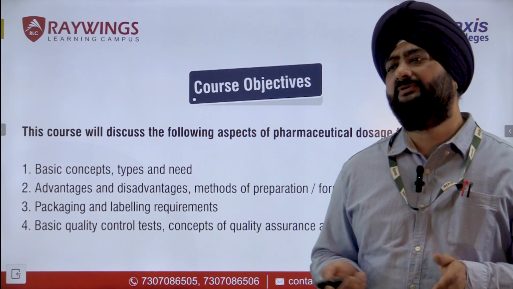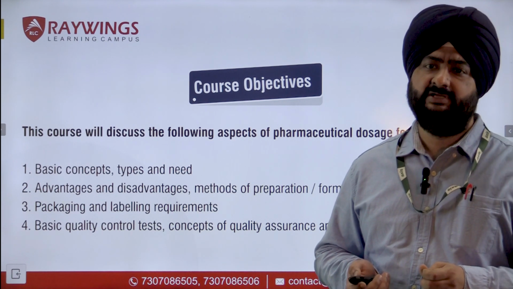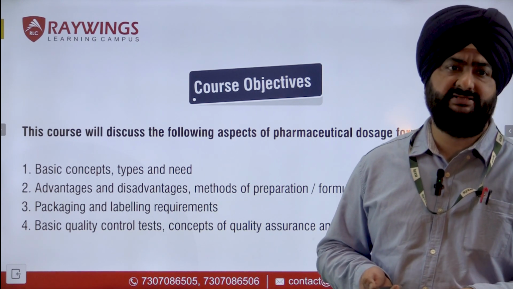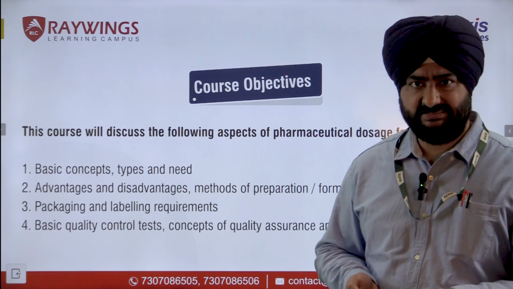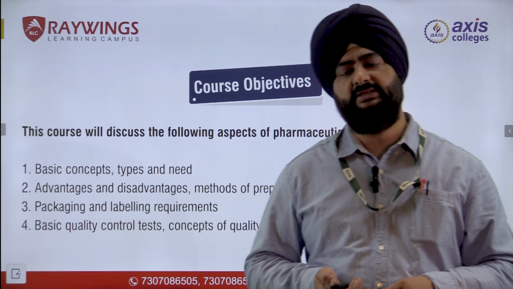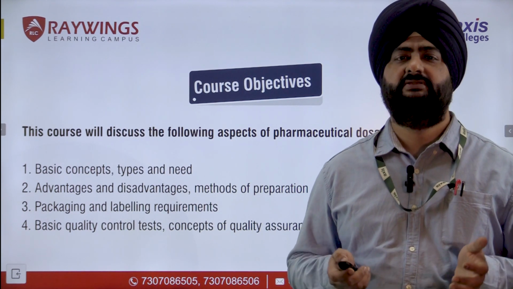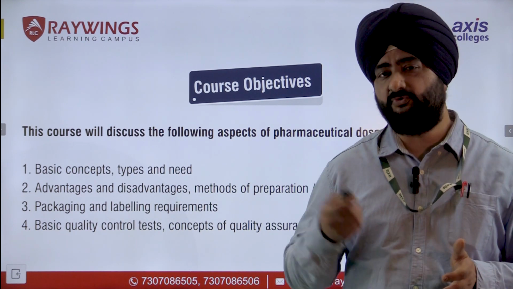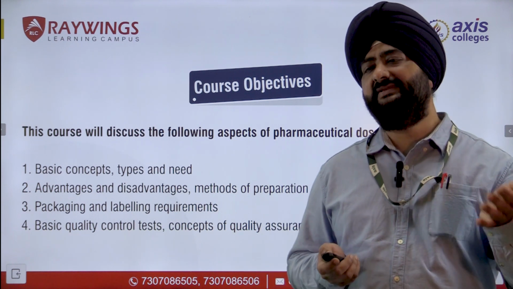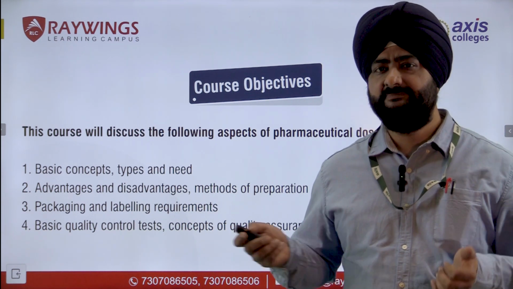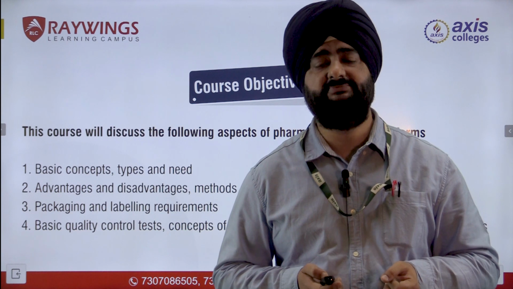So there are different types of quality control tests, like the dissolution test, the disintegration test, the friability test, right? So any formulation has to comply with all these tests before going into the market. And what are the various tests that we are going to discuss in this subject, pharmaceutics?